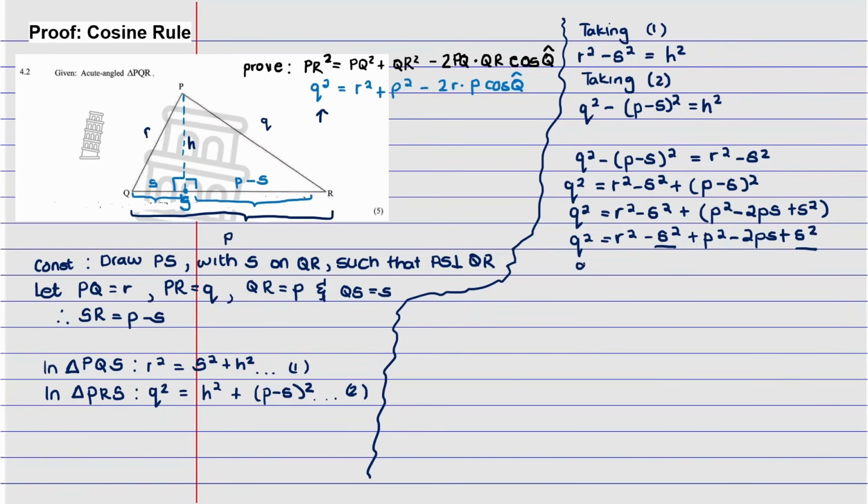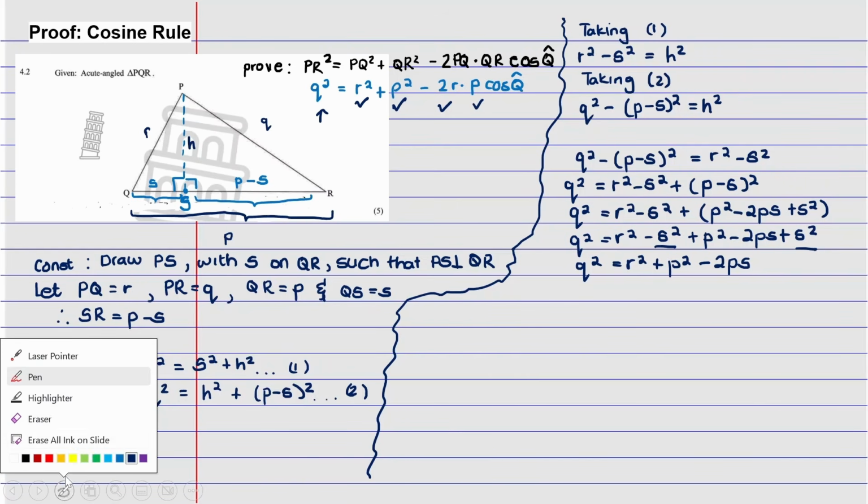So we're left with Q squared is equal to R squared plus P squared, then minus 2PS. Now we have Q, we have R, we have P squared, we have 2, and we have P. So now we need to get rid of S.